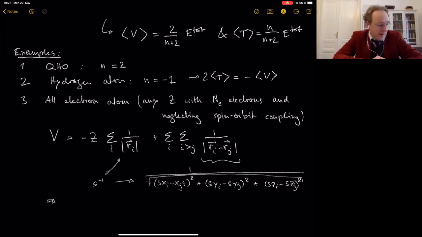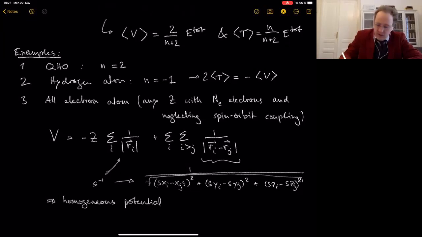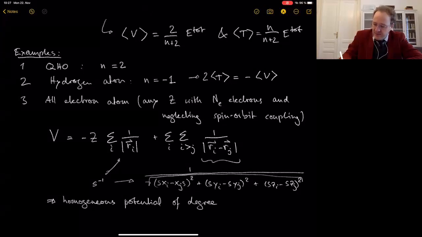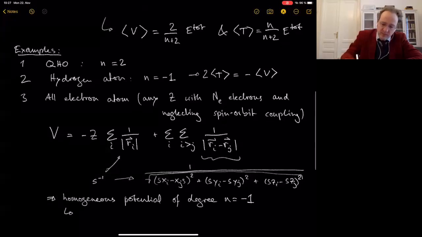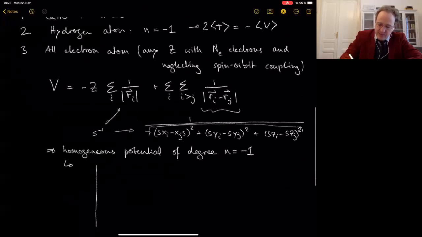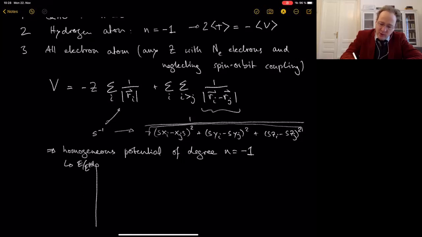So this is also a homogeneous potential of degree n equals minus 1.